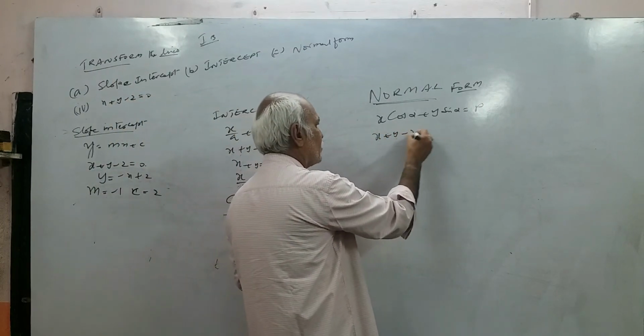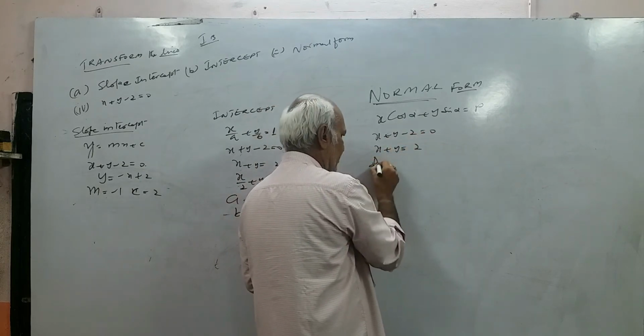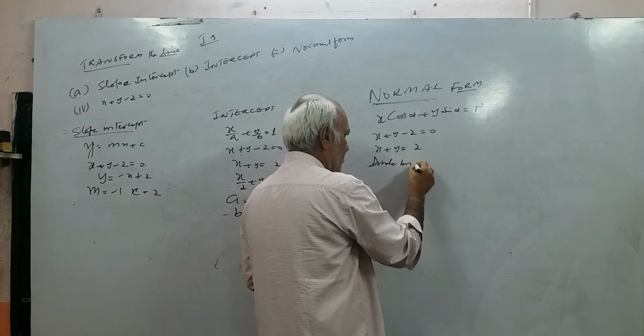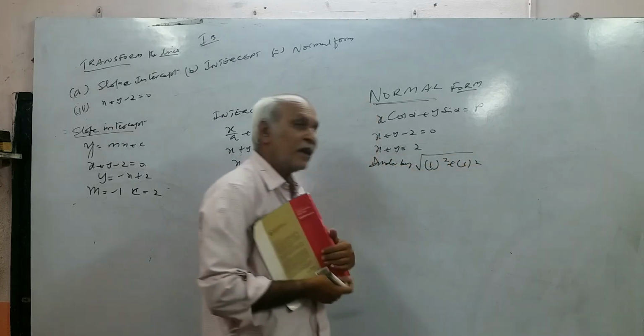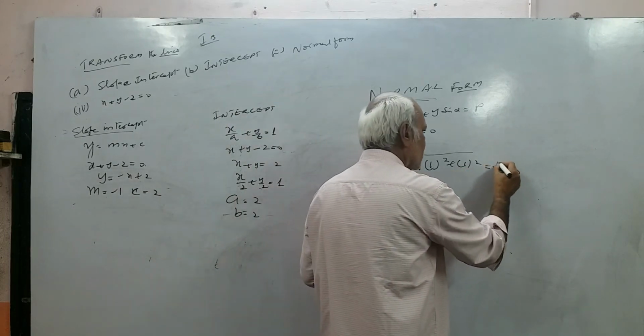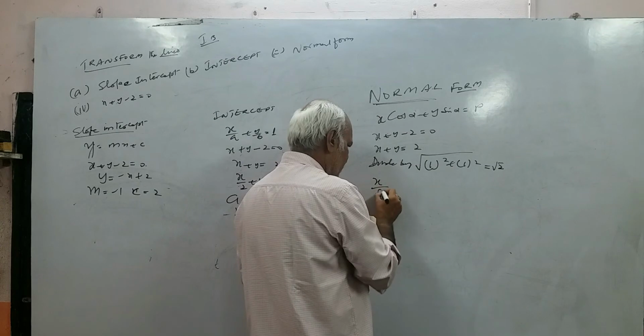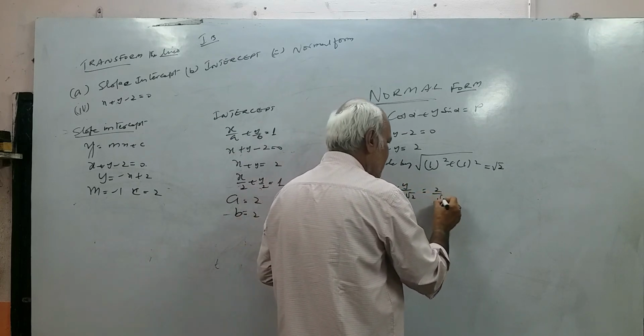Now, look at here. X plus y minus 2 is equal to 0. X plus y is equal to 2. Divide by root of 1 square plus 1 square. X coefficient square, y coefficient square, sir. So what we get? Root 2. So this becomes x by root 2 plus y by root 2 is equal to 2 by root 2.